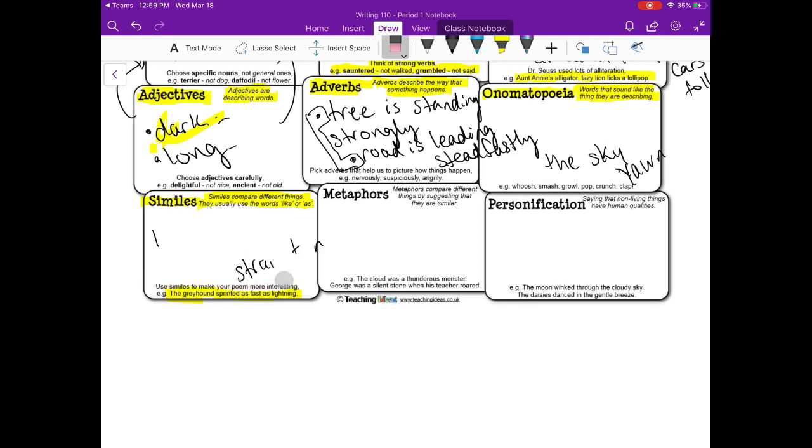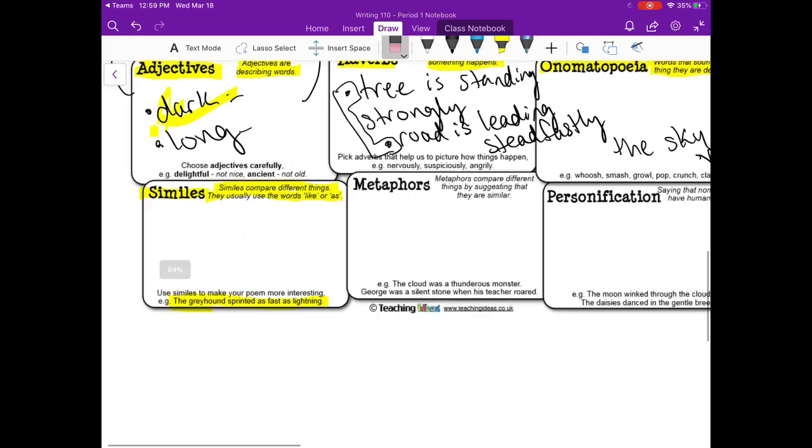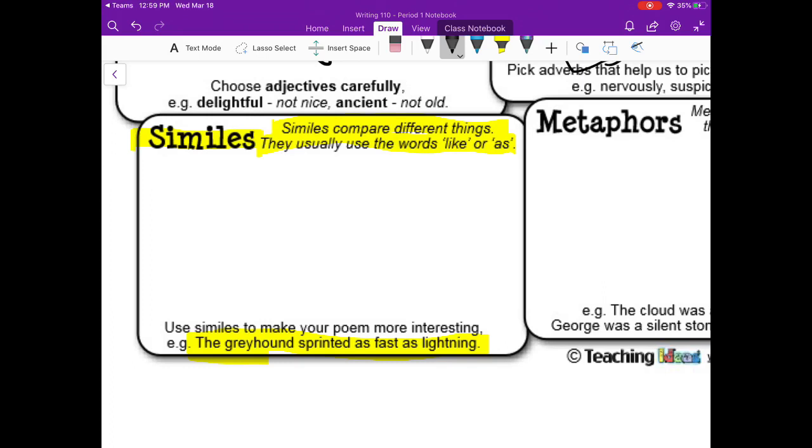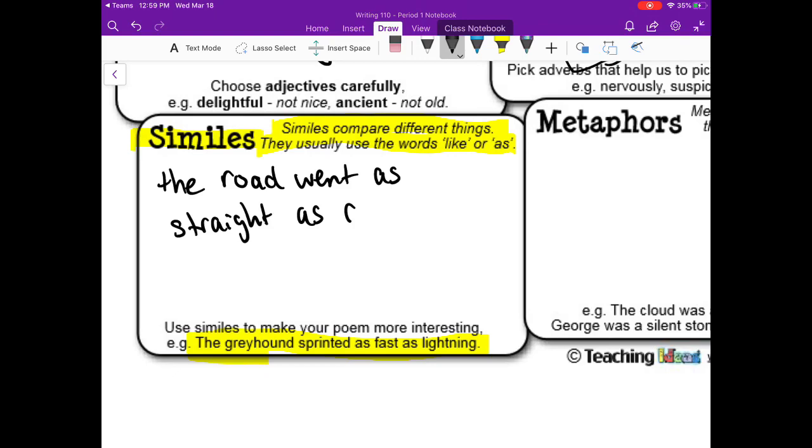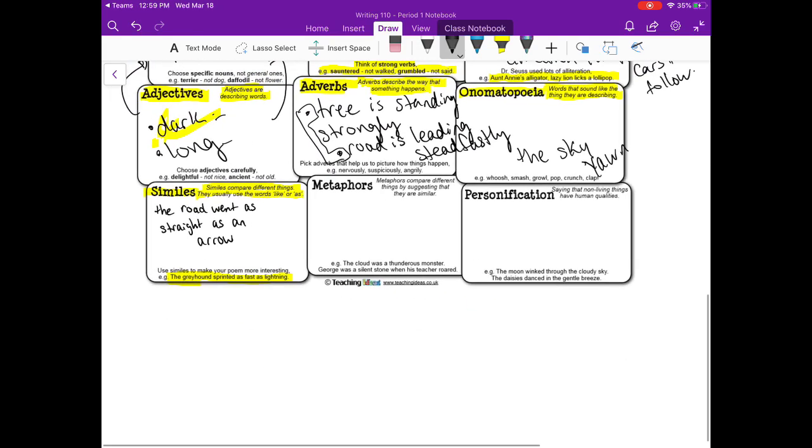Sorry. Let me do this neater. I can do this. Make that bigger. The road went as straight as an arrow. There we go. Technology, eh? Maybe I'll try to fix some of these other ones.